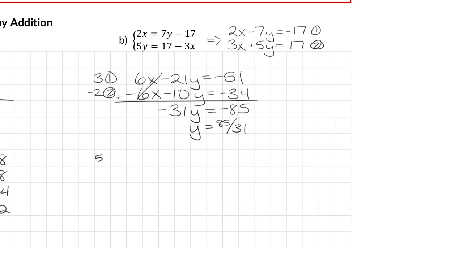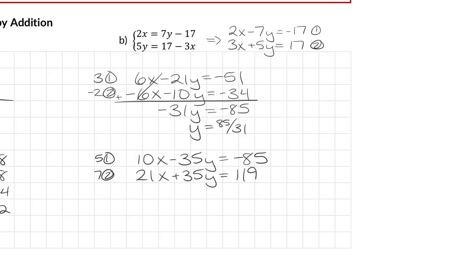Those numbers are 5 times the first equation and 7 times the second equation, which would give me 10x minus 35y equal to negative 85. And 7 times the second equation would be 21x plus 35y equal to 119.